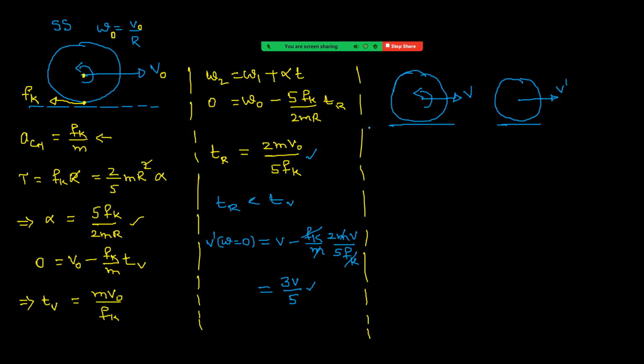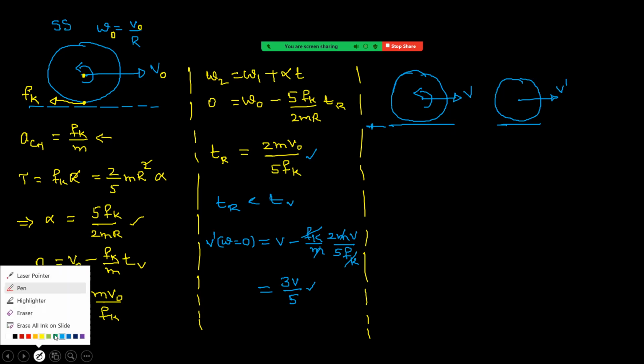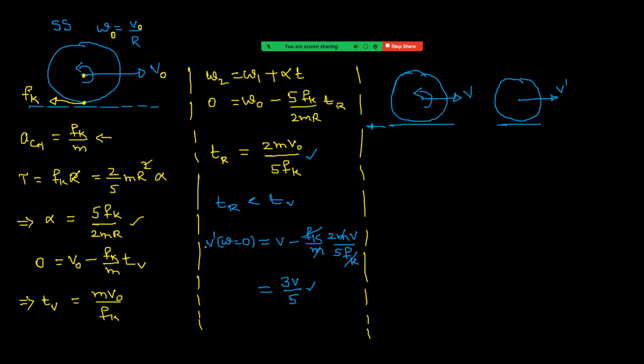Initially, if you take about a point somewhere here, you should be very careful with the direction. R bar cross P bar: curl the fingers of your right hand from R bar towards P bar.